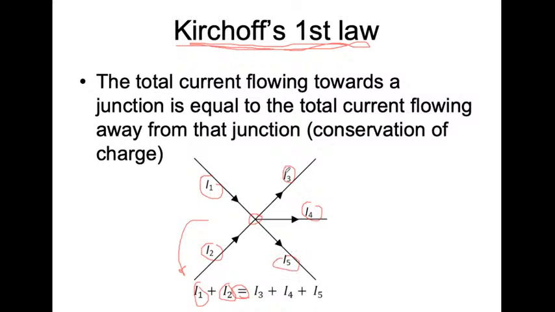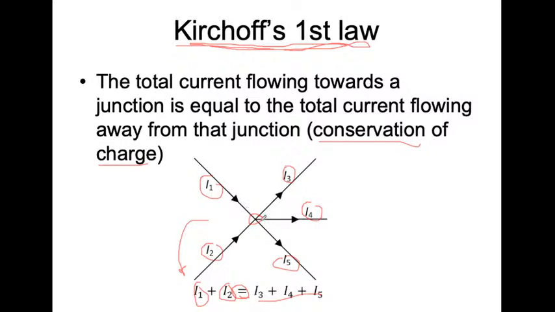But we know that those three streams added together need to equal the two streams that go in, because the total current that's flowing into our junction, think of it like an intersection or a railway junction, what goes in is the same value amp-wise, current-wise, as what's coming out. So we need to again have conservation of charge.